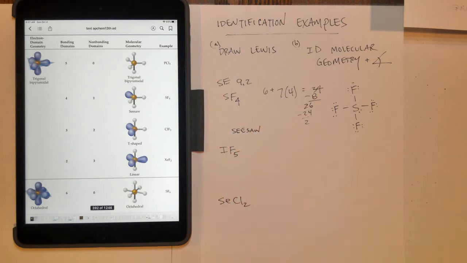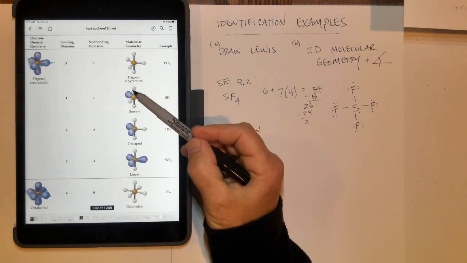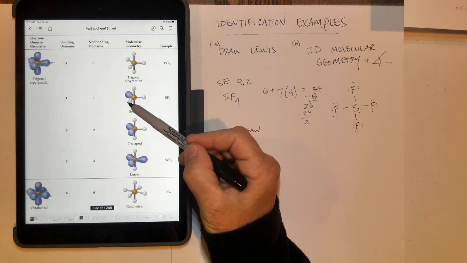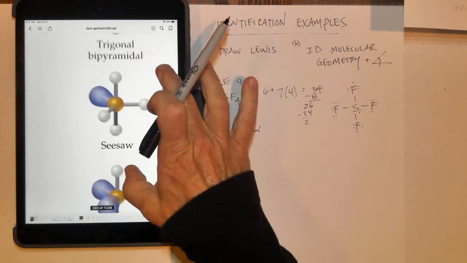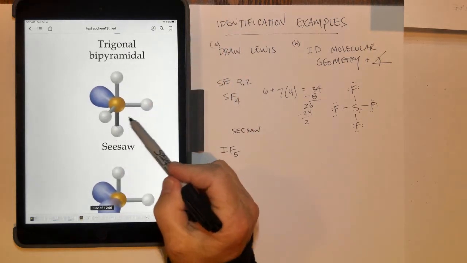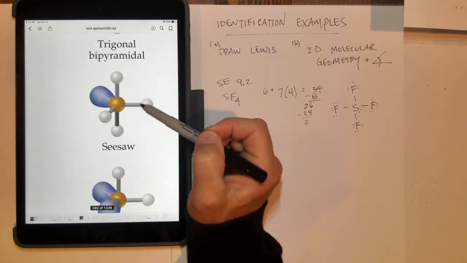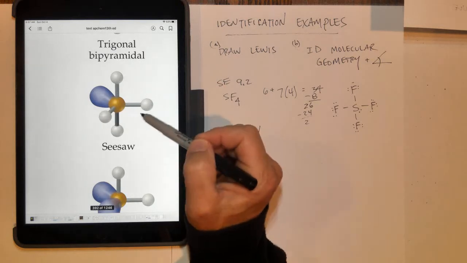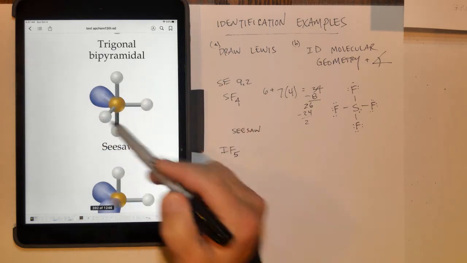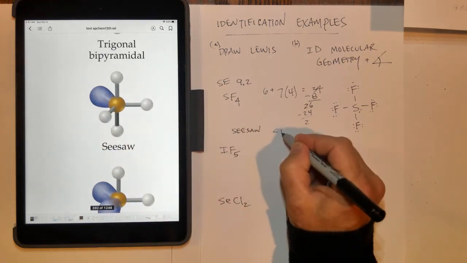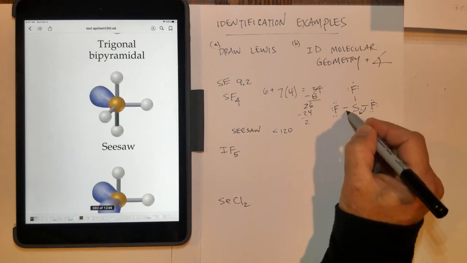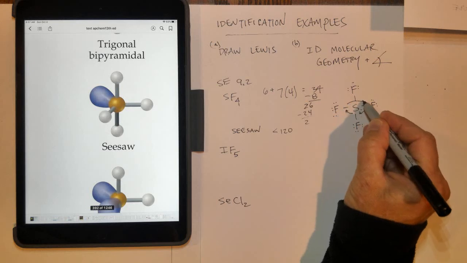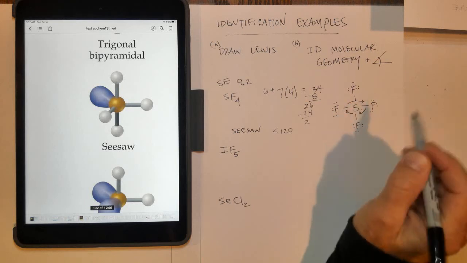And my bond angles for this, remember it's got these equatorial domains, and then it's got an unshared pair right here in the middle. That would force these bond angles to be a little bit closer. Remember, normally they're 120 all the way around this central portion. So it would be just a little bit less than 120 around this middle portion, between the fluorine, sulfur, and fluorine.